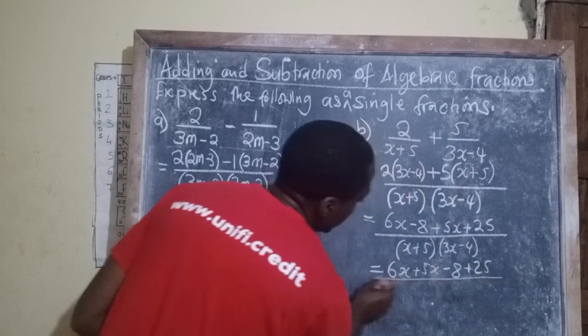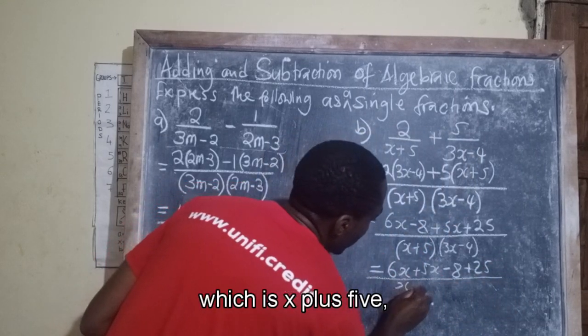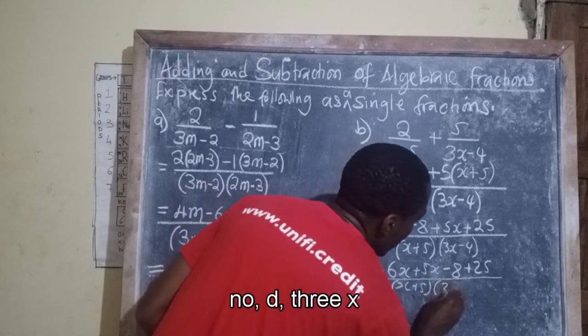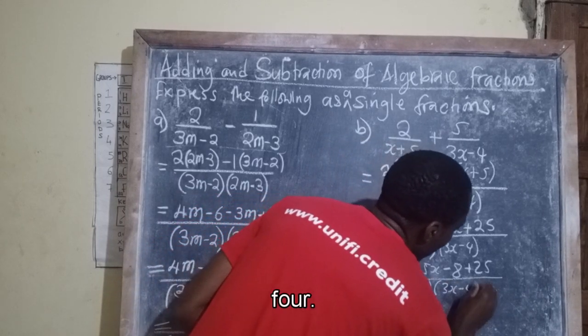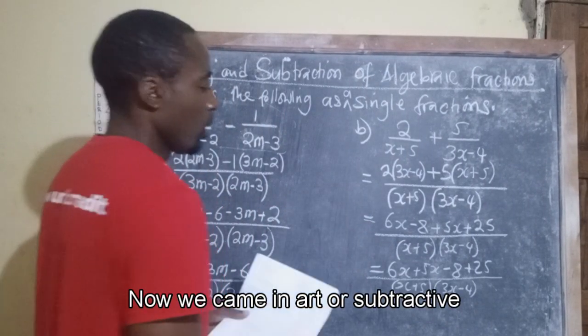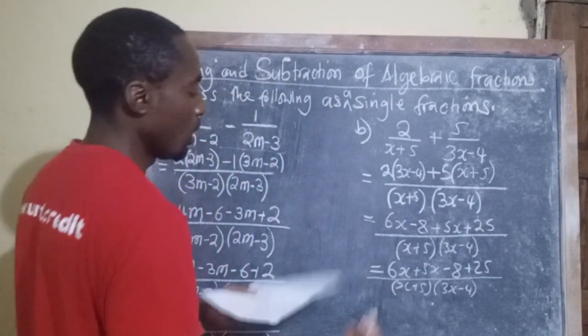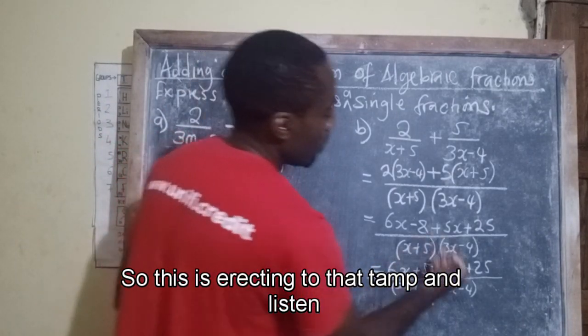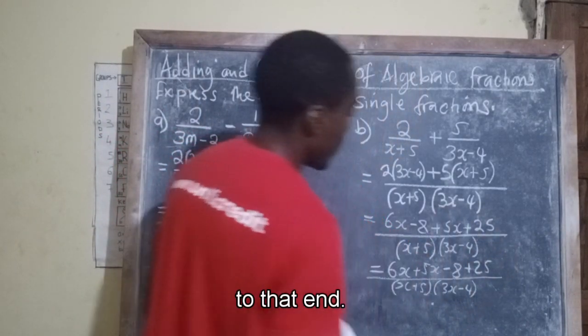Over the common denominator, which is x plus 5 close and 3x minus 4, like that. Okay, so from here now we can add or subtract like terms. So this is a like term to that term, and this one is a like term to that term.